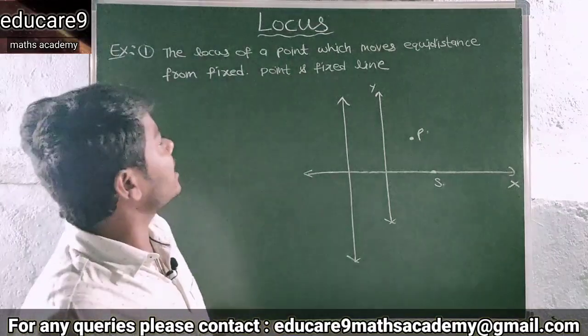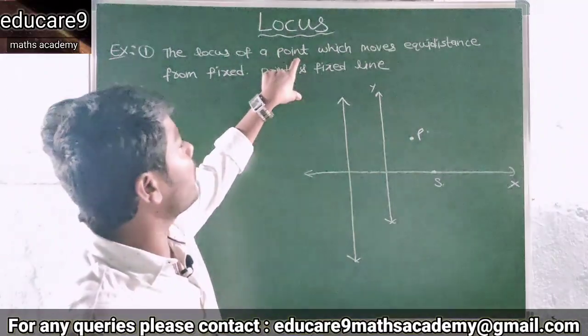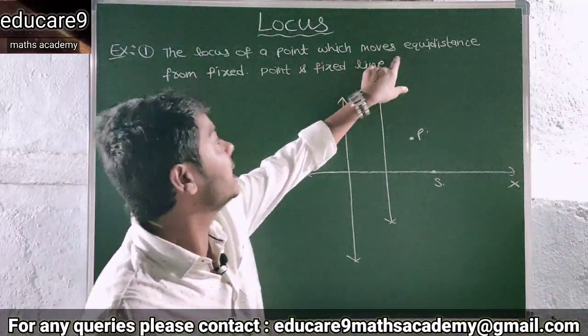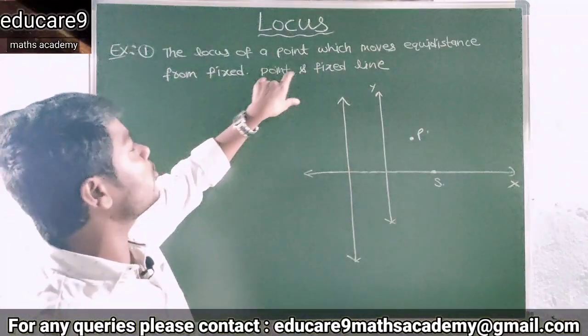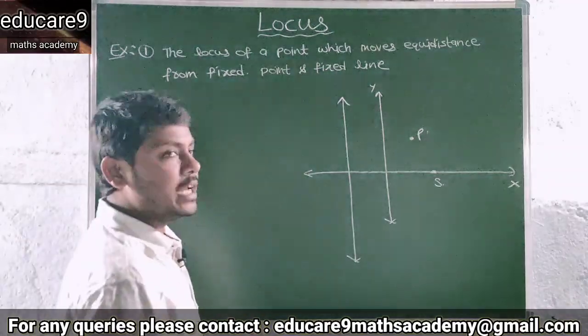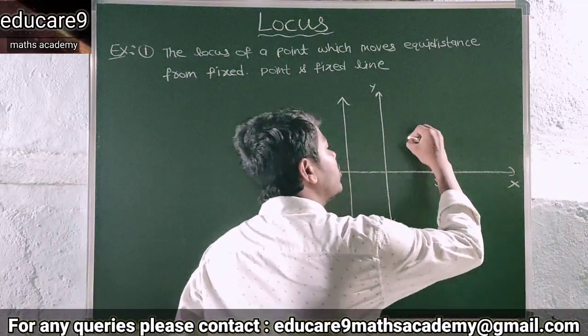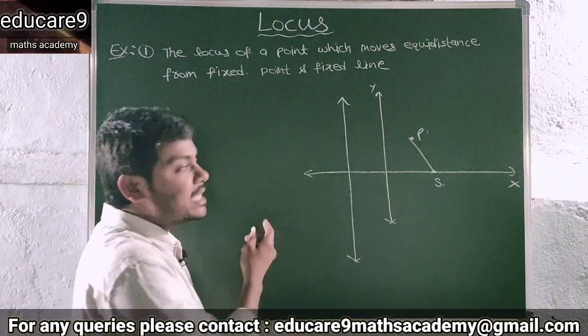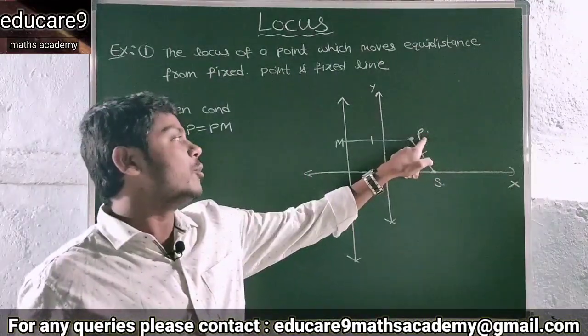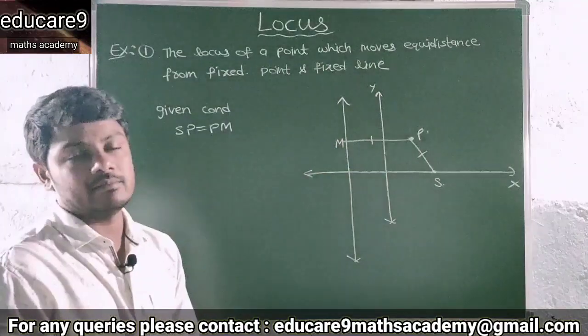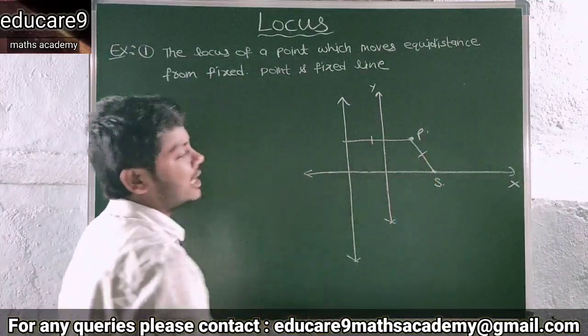Here what is the given condition? The locus of a point which moves equidistant from a fixed point and a fixed line. So that means the distance from the fixed point to the variable point is equal to the distance from the variable point to the fixed line. So these two distances are equal.